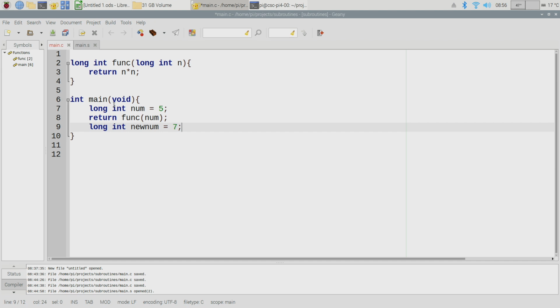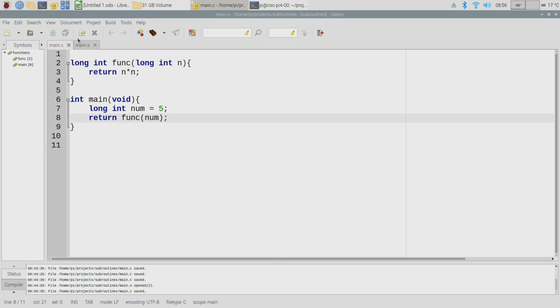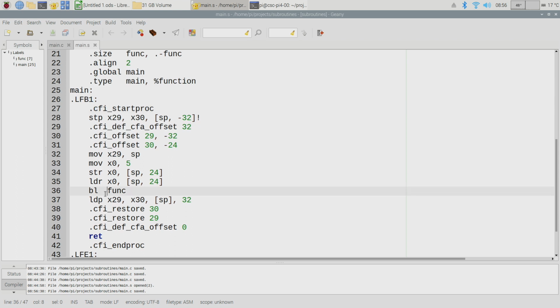All right, let me just delete this line because it didn't actually do anything. Going back to the main thing, so right here, the branch and link. Branch and link is always paired with another instruction, and that's this one down here, return.